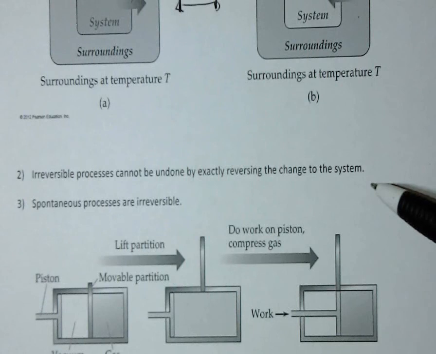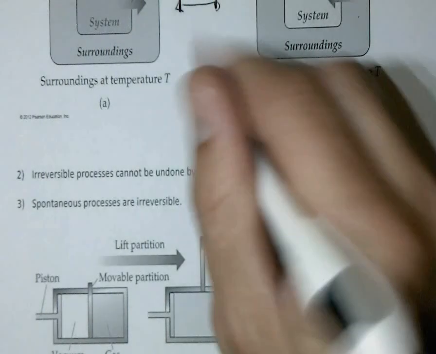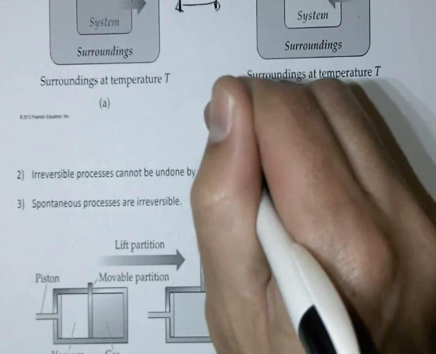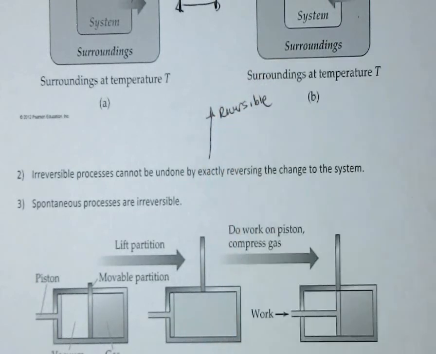If you can't do the exact same change in the opposite way and get it to go back, it's not reversible. What we did up here at the top, this example, that is reversible. Now, if we change the temperature and it didn't go back to its original state, then that's irreversible.